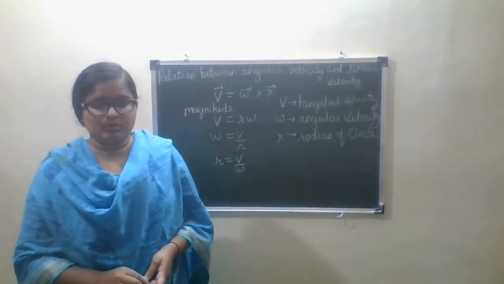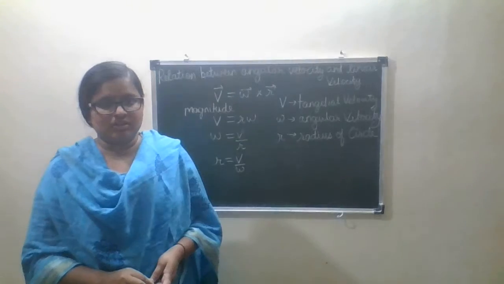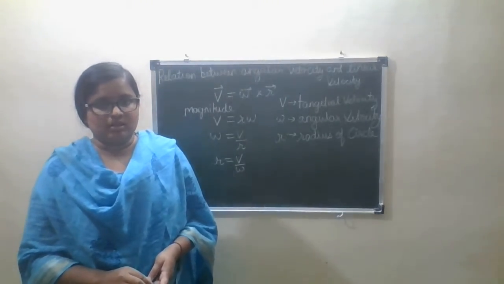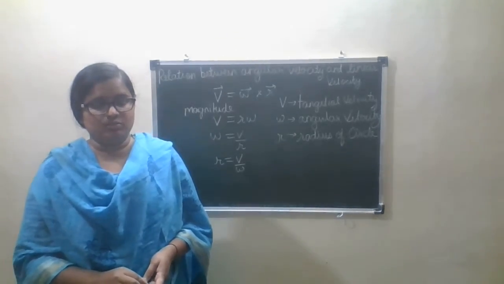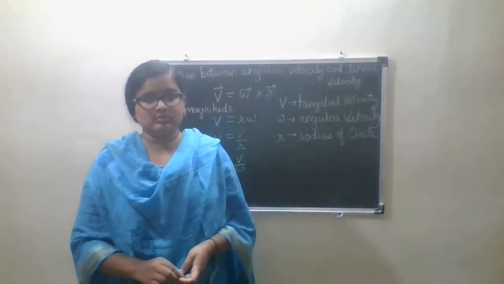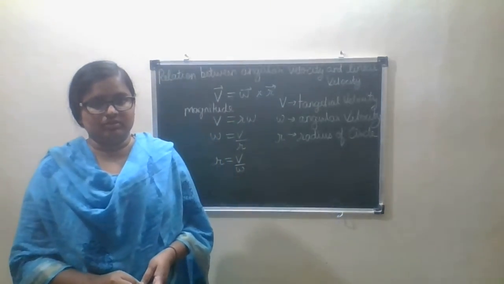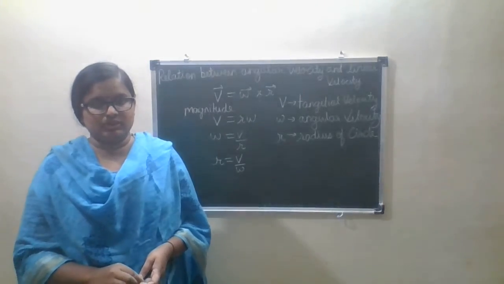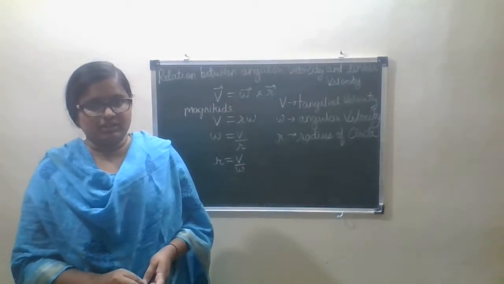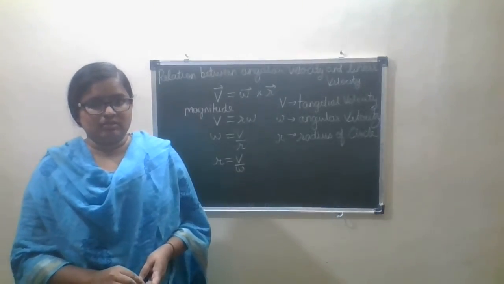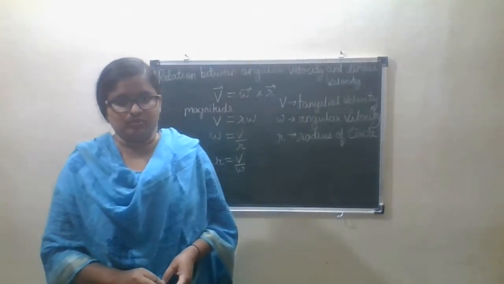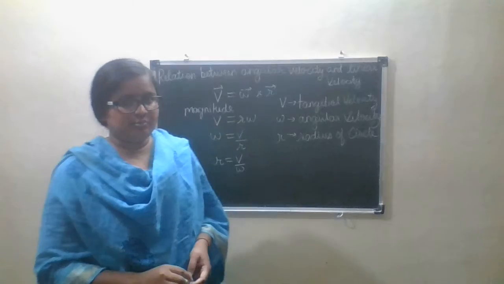In uniform circular motion, we have seen in the previous lecture how the direction of the angular velocity is found by the right hand thumb rule, and also the terms which are constant, how each value is found, the relation between the terms, and radial acceleration also.